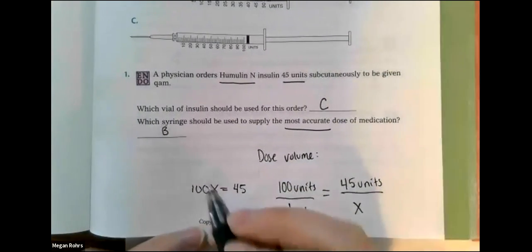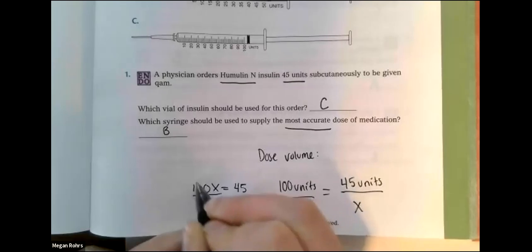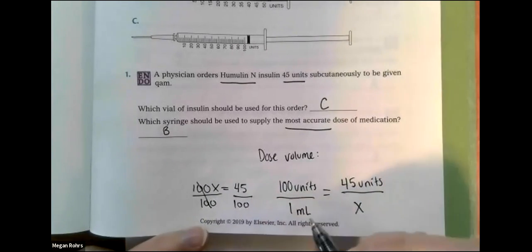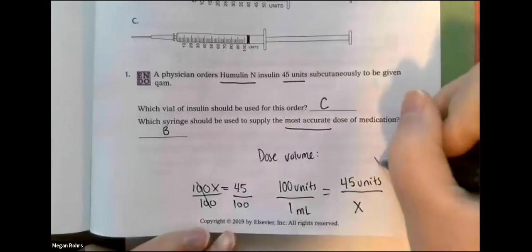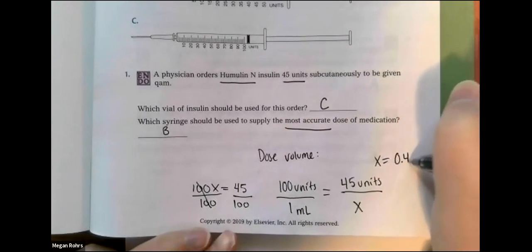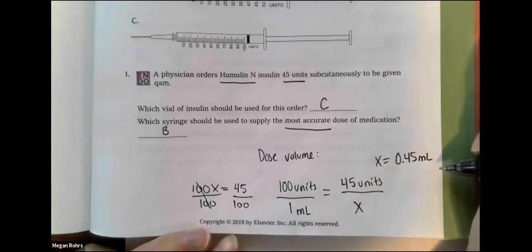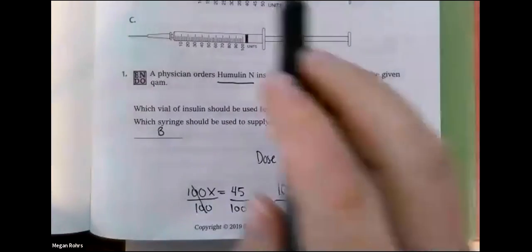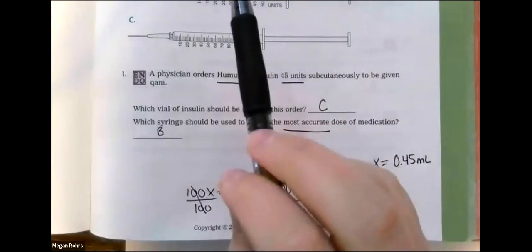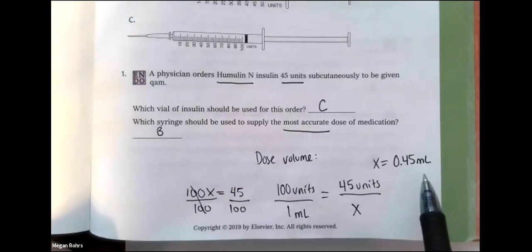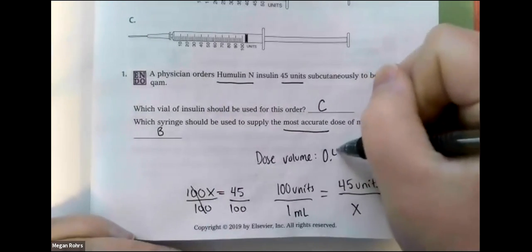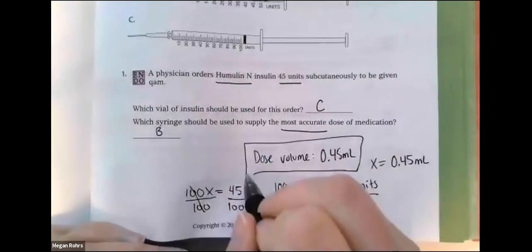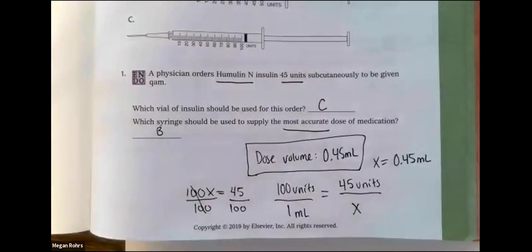Now to get x by itself, divide by 100, divide by 100 here, and then x would equal 0.45 milliliters. So if we had to use a tuberculin syringe, if we did not have a syringe that measured in units, we could actually draw up 0.45 milliliters, and that would give us 45 units of insulin.